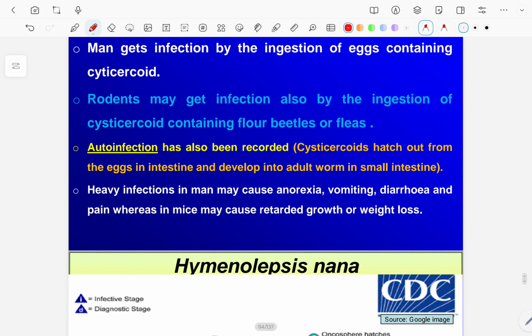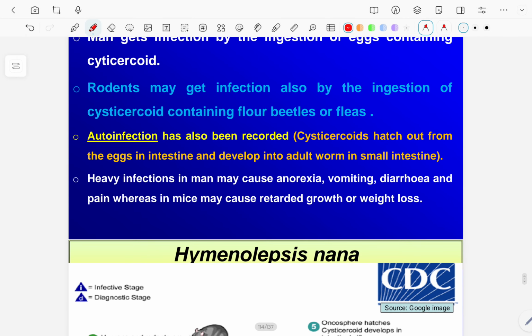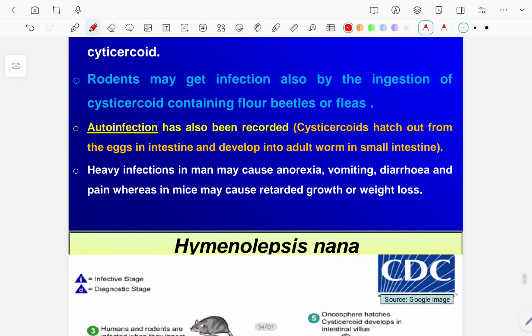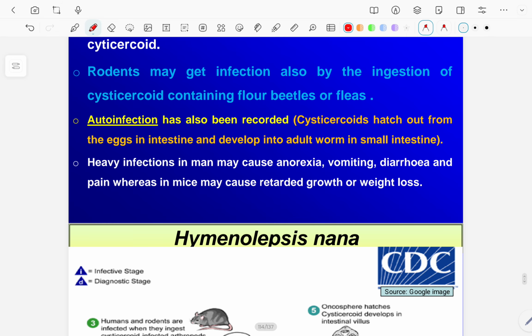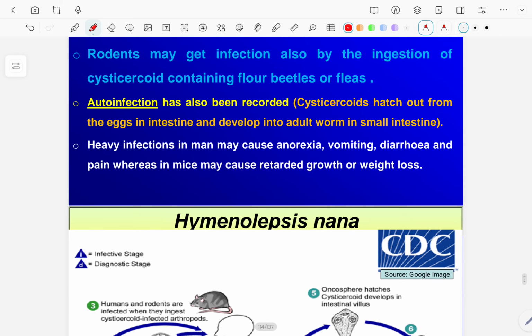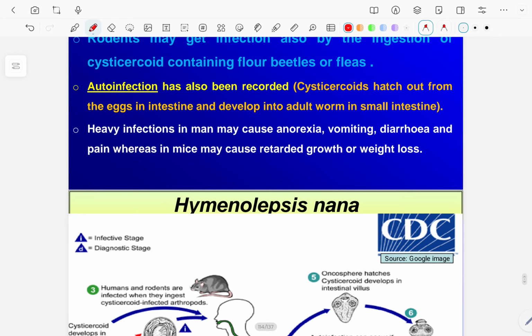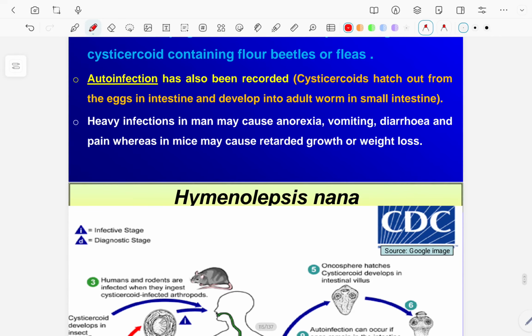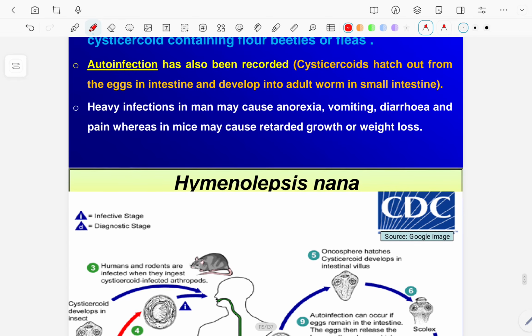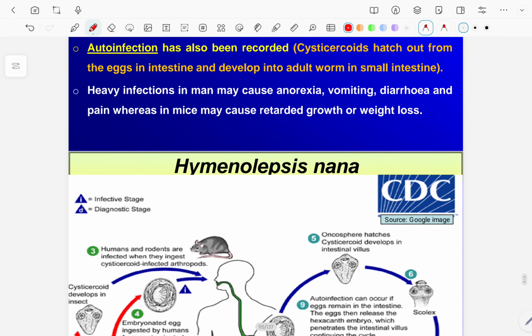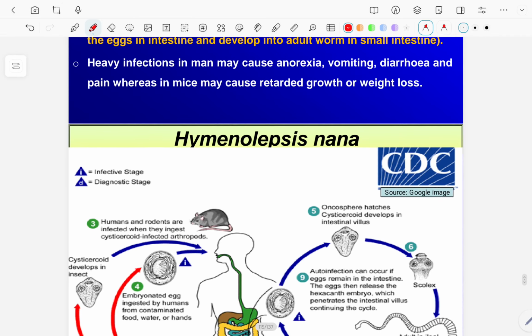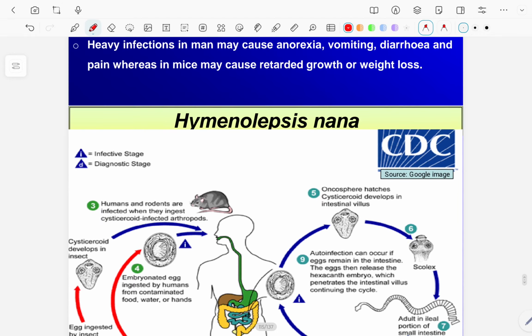Autoinfection has also been recorded. Cysticercoids hatch out from the egg in the intestine and develop into adult worms in the small intestine. Heavy infection in man may cause anorexia, vomiting, diarrhea, and pain, whereas in mice it may cause retarded growth or weight loss.